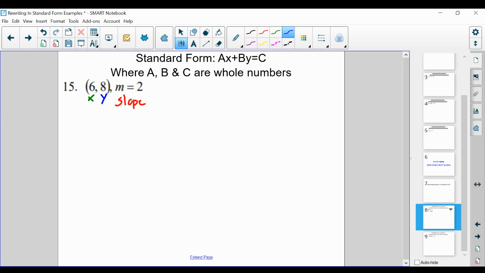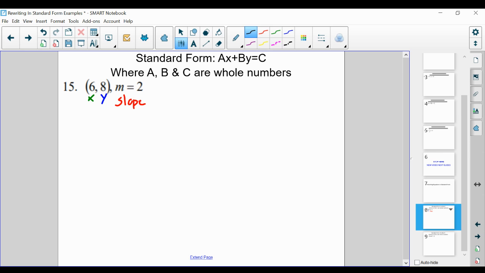We're given a point and we're given slope. So maybe we can use these and think back to writing linear equations if we're given a point and the slope. Oh, point-slope form. We're going to be able to use this point and the slope in order for us to write an equation in slope-intercept form that'll then allow us to manipulate it into standard form.